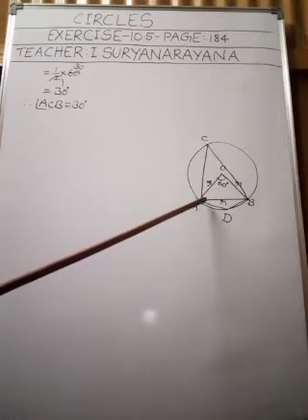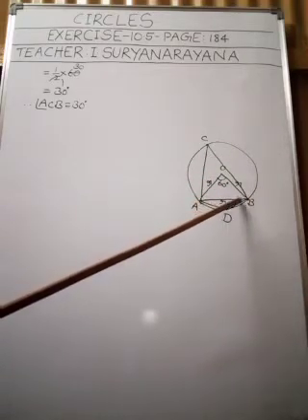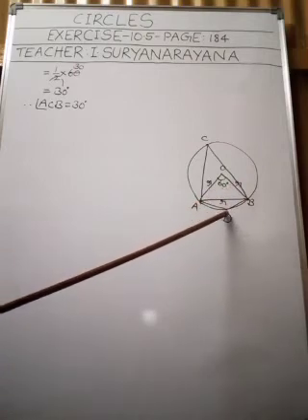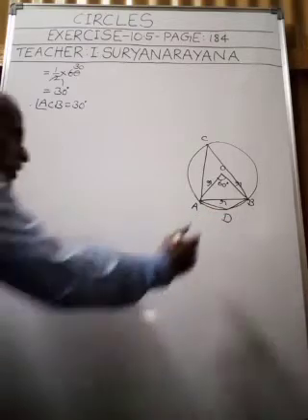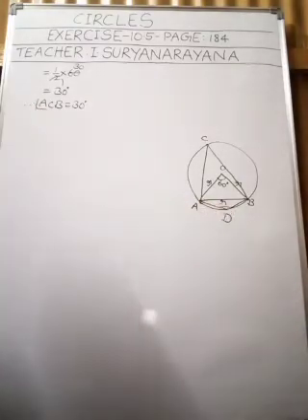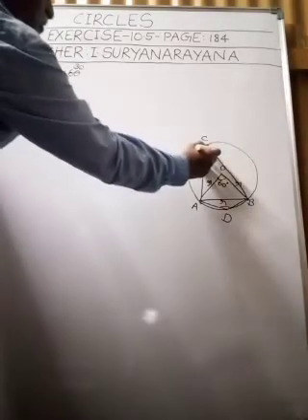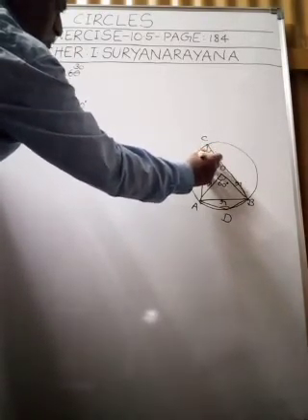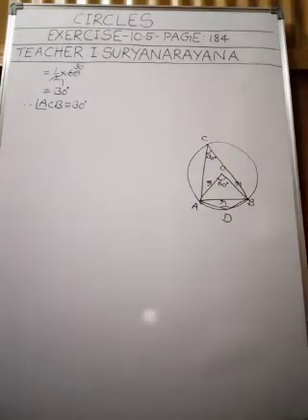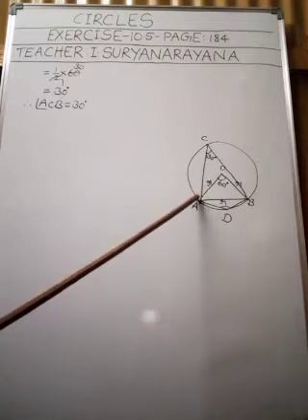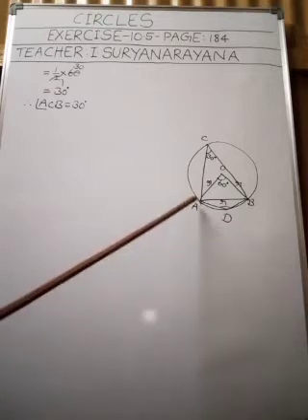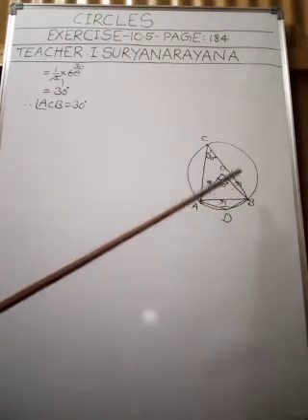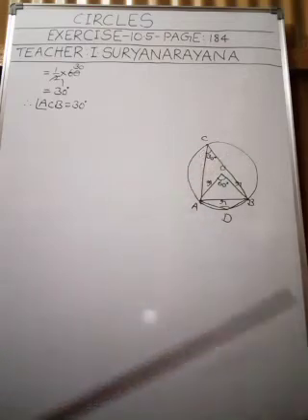Now let us find the angle subtended by this chord AB at any point on the minor arc of this circle, means D, at D. Let us find angle ADB. Okay, my dear children. So this is 30 degrees. Understood this point, my dear children? Right. Now, if you observe ADBC, this is a cyclic quadrilateral because all the vertices of this quadrilateral are lying on the circle.